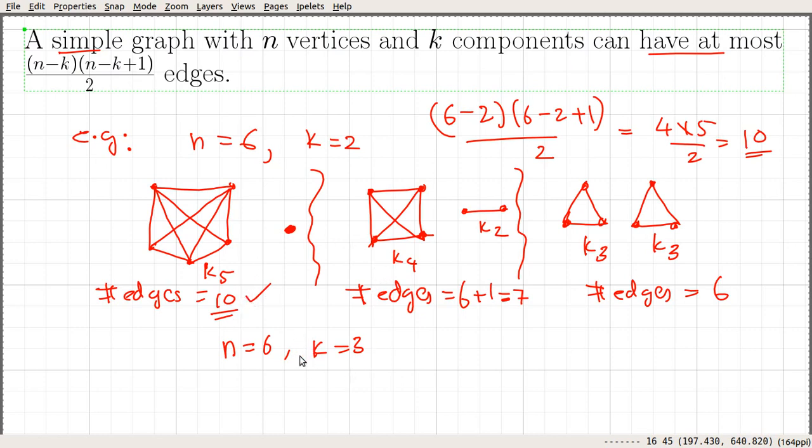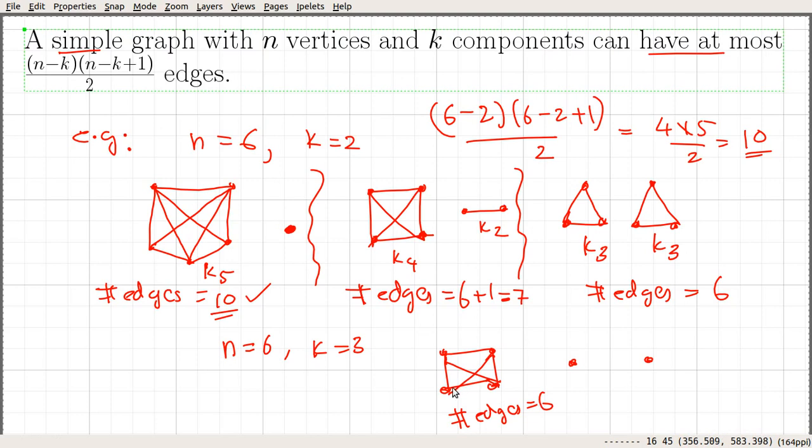Similarly, if you work this for k equal to 3, you can see that here we have 3 partitions, and 2 of them will have a single isolated vertex each, and the other component will have the remaining 4. Here it will be a K4, so the number of edges is equal to 6.